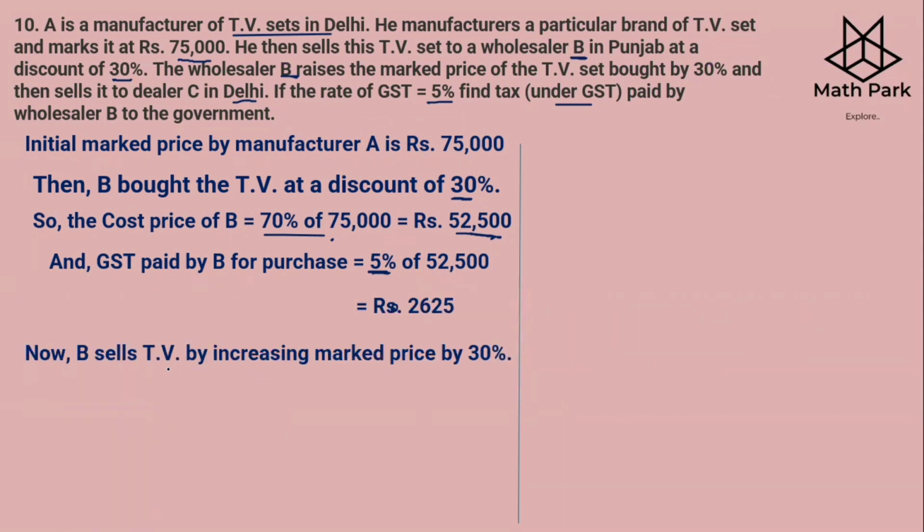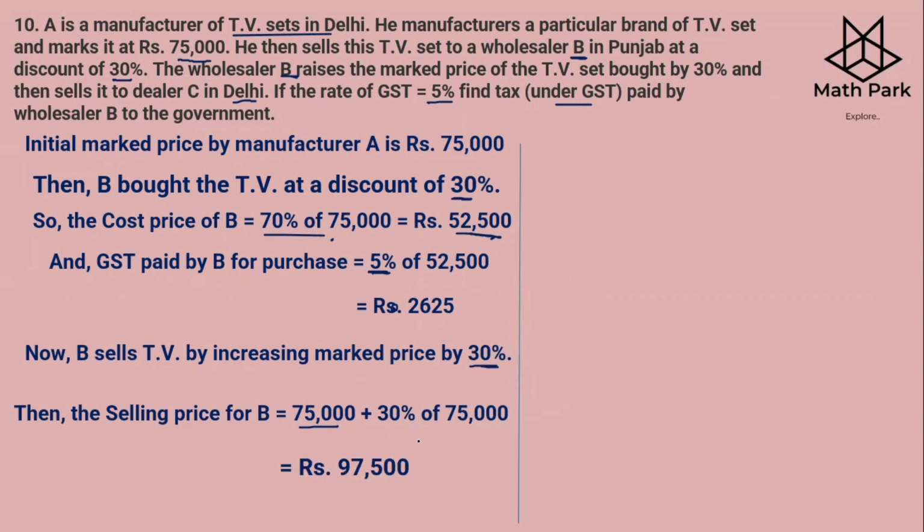Then B sells this TV by increasing the mark price by 30%. So mark price was 75,000. Increase that by 30%. So 75,000 plus 30% of 75,000 is the net increase. So 30% of 75,000, 30 by 100 times 75,000. So this is going to be 75 times 3.